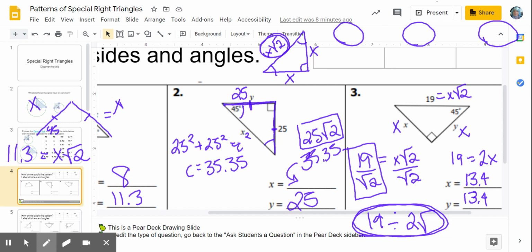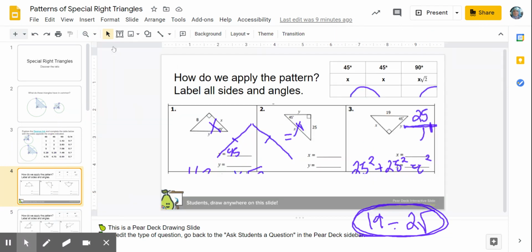It doesn't matter what mode you're in. I see in the chat lots of people have gotten that, so that's fantastic. I think that was all that's on this slide. Let me zoom back out and make sure. So basically our pattern is the two legs are x and the hypotenuse is x times the square root of 2.